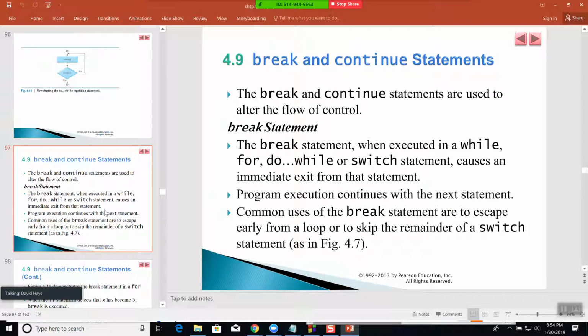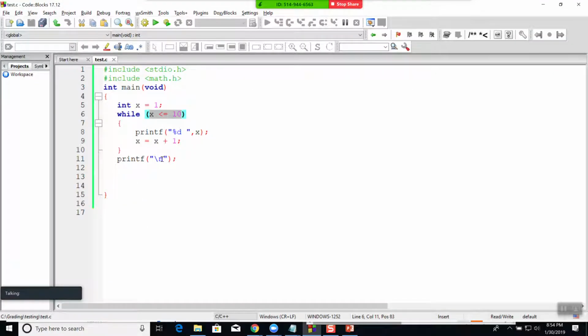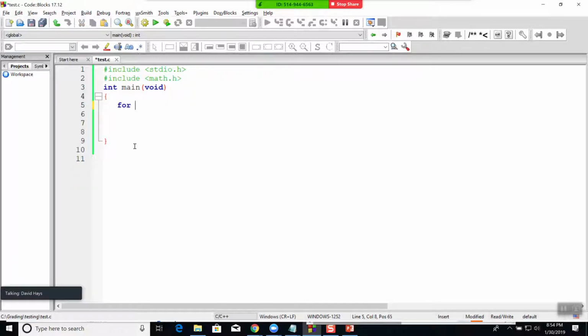Now, break statements. Break statements are all right in your case statement, your switch. I have no problem with that. Where people use them, I think, incorrectly is something like this. Okay, so I'm going to set x equal to 0. Going to continue while x is less than 1,000 and increase x by 1.